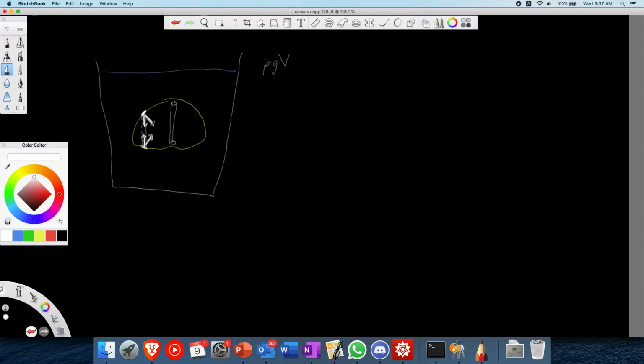But the upshot is that when you consider the vertical component, each one of these is like a small area dA, and each one has a difference in height h.